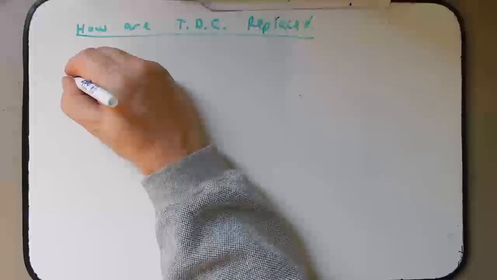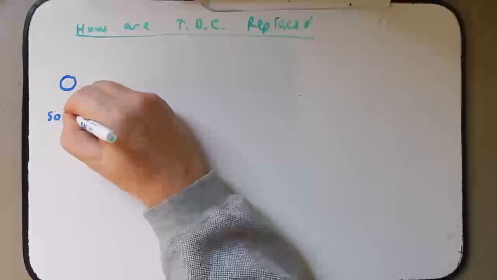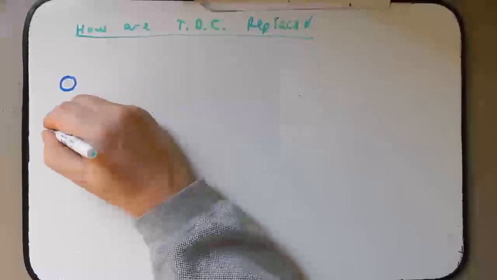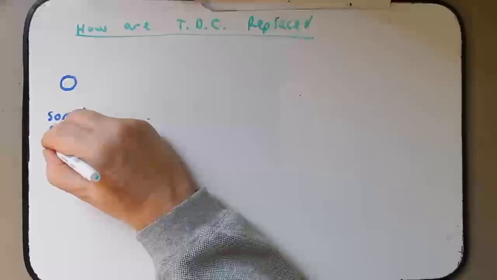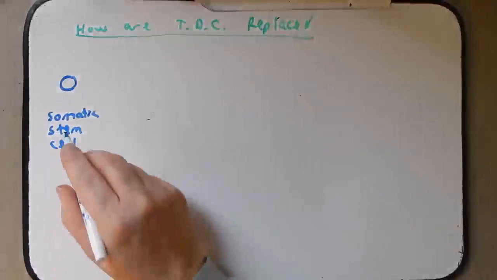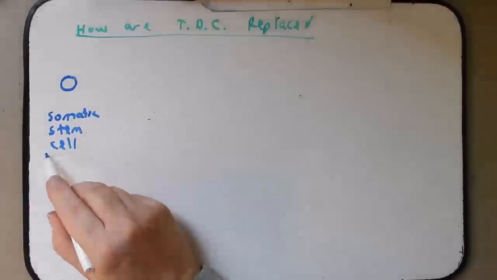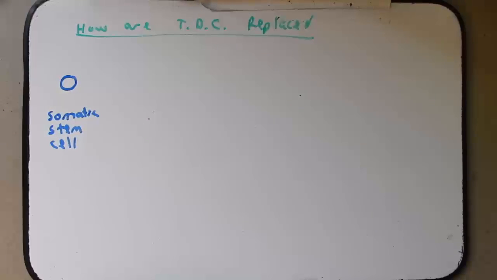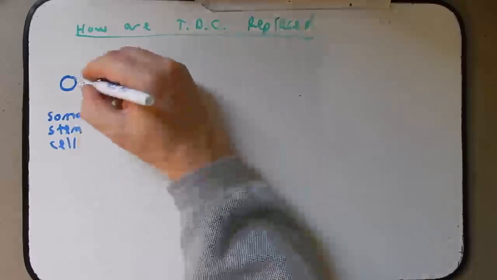To begin this, let's talk about stem cells. And for right now, I'm going to call this a somatic stem cell. We'll talk about these in a little bit more detail in just a moment. This is what is often referred to as an adult stem cell, but this is a better term for it, and I'll explain that in a moment.